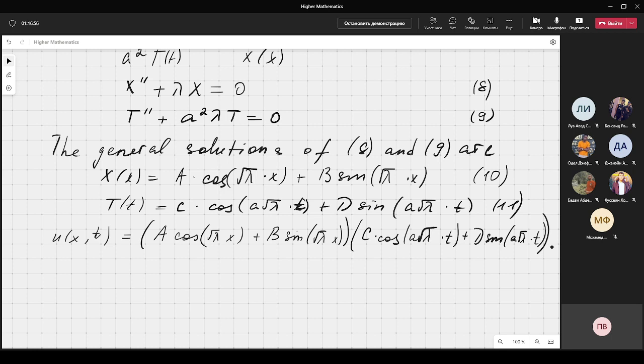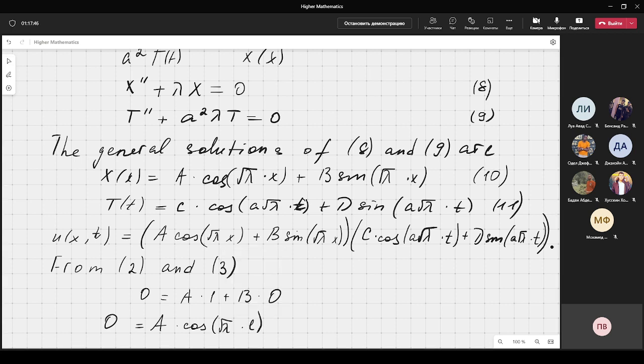Putting the values x equals 0 and x equals L into 10, we obtain on the basis of 2 and 3: 0 equals A times 1 plus B times 0, and 0 equals A times cosine of square root of lambda L plus B times sine of square root of lambda L.